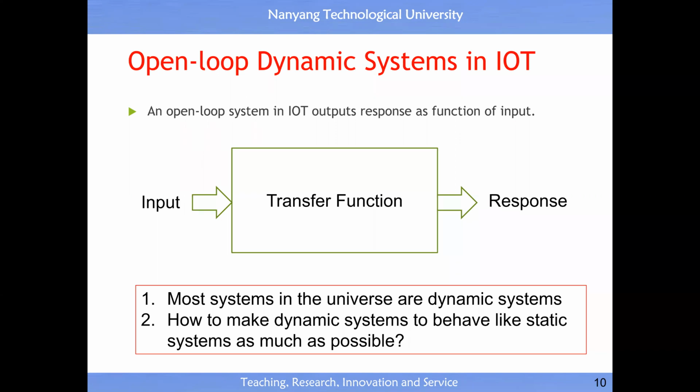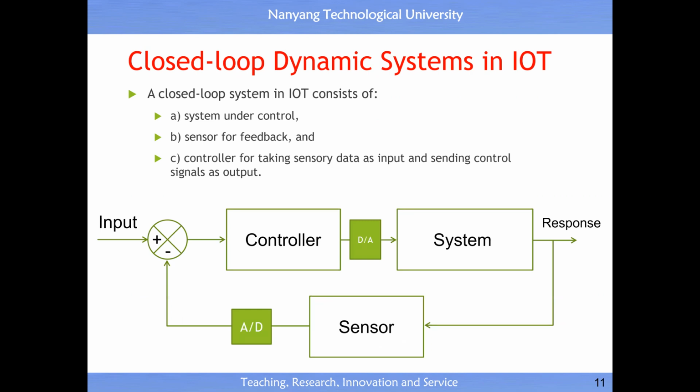By default, all the dynamic systems are in the open loop mode, all right? Then the solution for us to convert a dynamic system into a system which is very close to a static system is to close the loop, or make use of a feedback control loop, this one, all right?